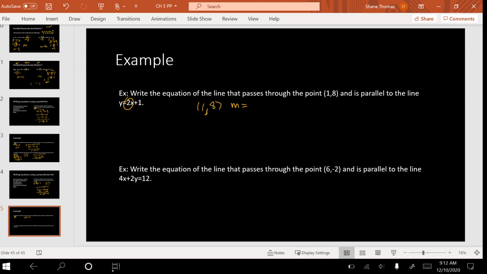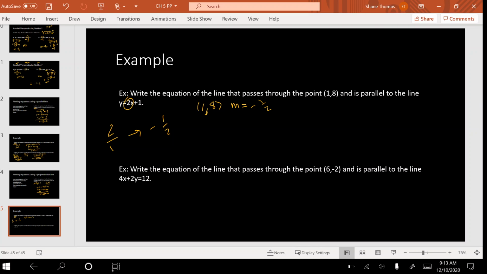What's my slope going to be? Flip it, change the sign. So if this is 2, that's 2 over 1. How do you flip that? There we go. -1/2 is going to be the slope that you use then.